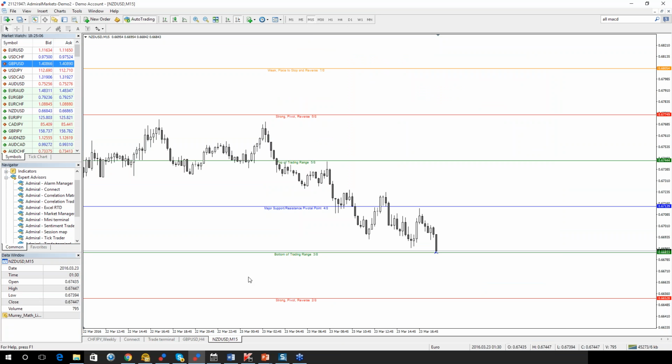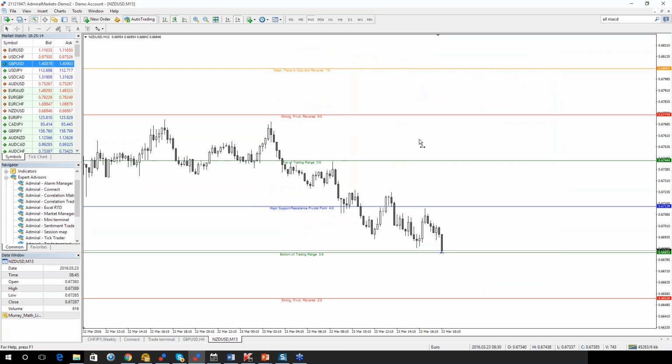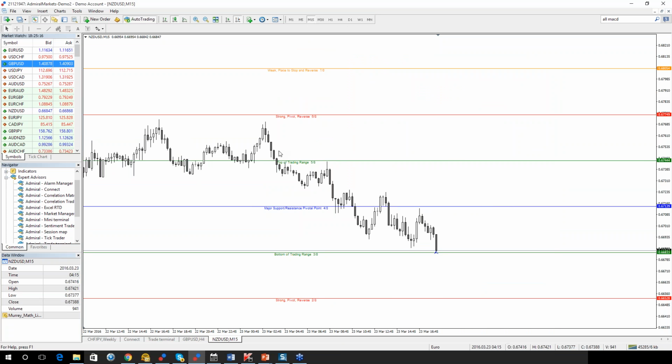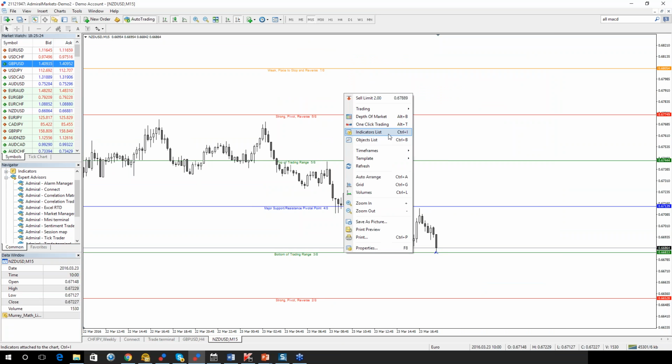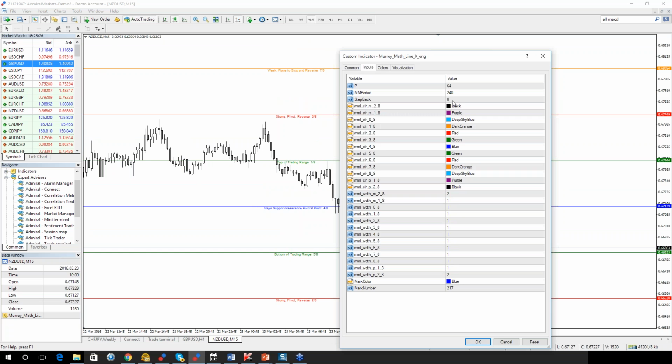And that is a good thing because Murrey Math usually follows the price pretty much accurately, also with multiple time frames. So if we are watching a 15-minute chart, we can use 4-hour Murrey Math.